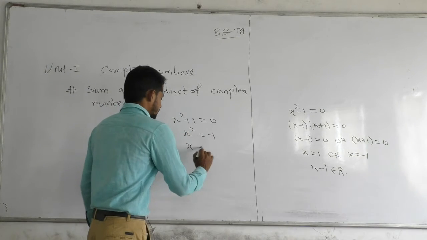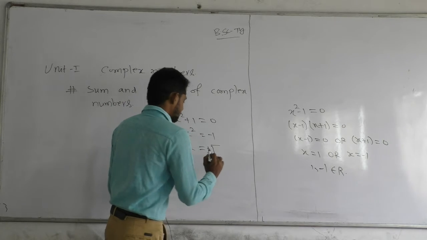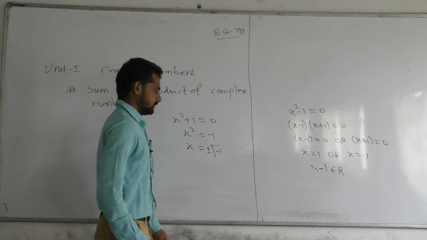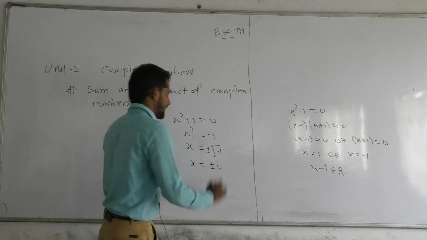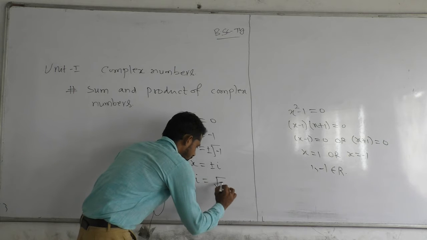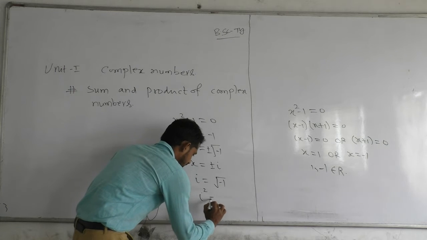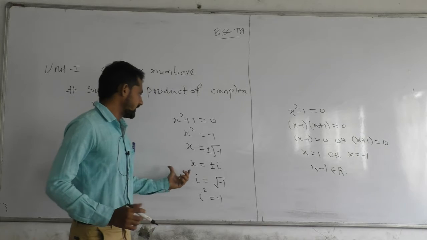So x is equal to plus minus square root of minus 1. X is equal to plus minus i. So the value of i is square root of minus 1, so i square is equal to minus 1. So this is a complex number.